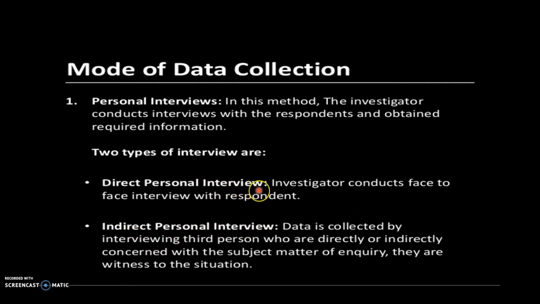Direct personal interview means the investigator conducts face-to-face interview with the respondent.